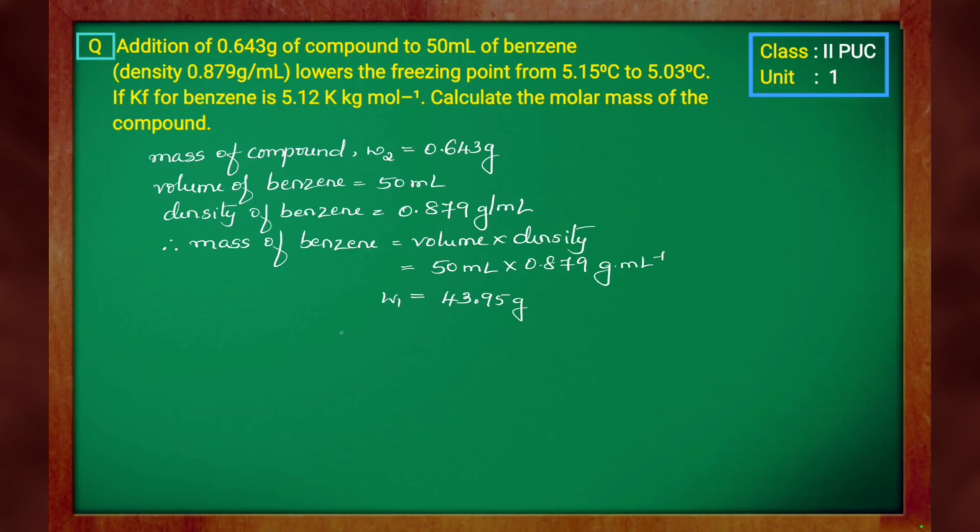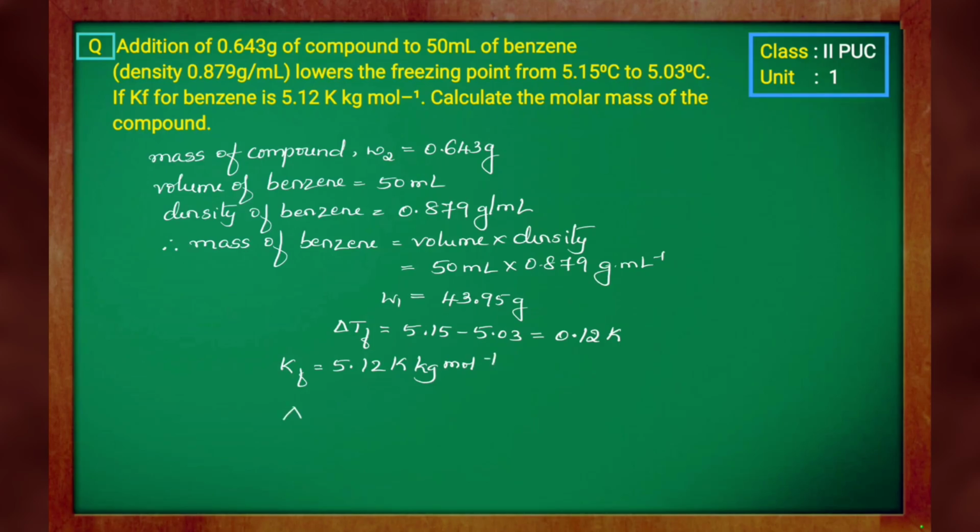So we observe depression in freezing point, that is represented as delta Tf, which is equal to 5.15 minus 5.03, which is equal to 0.12. This difference can be written in terms of Kelvin, that is 0.12 Kelvin. Kf value is given, which is 5.12 Kelvin kg per mole.